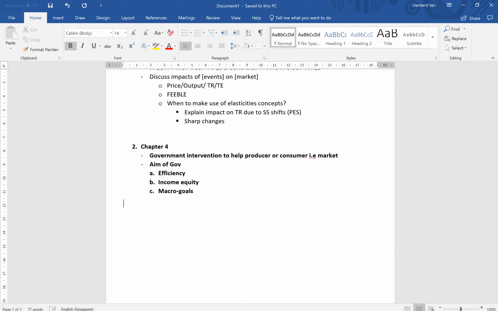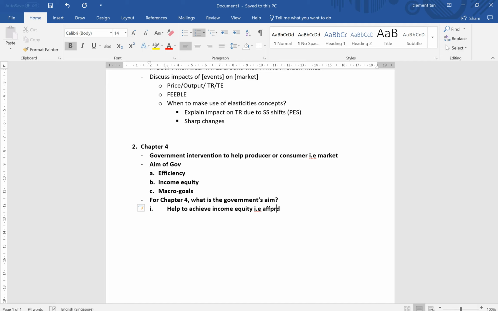Okay, so for chapter 4, what is the government's aim? The aim is to help to achieve income equity, especially, so that is usually to help consumers, for affordability.